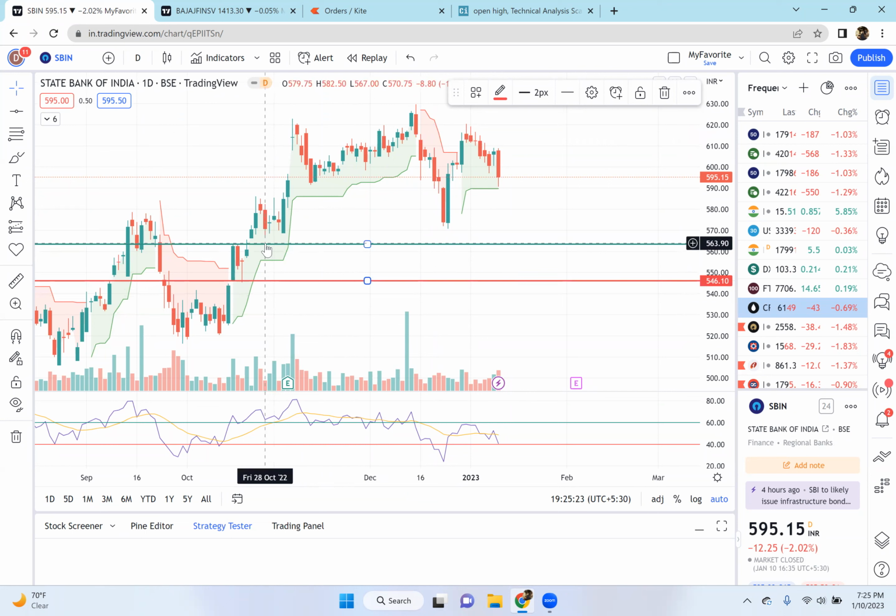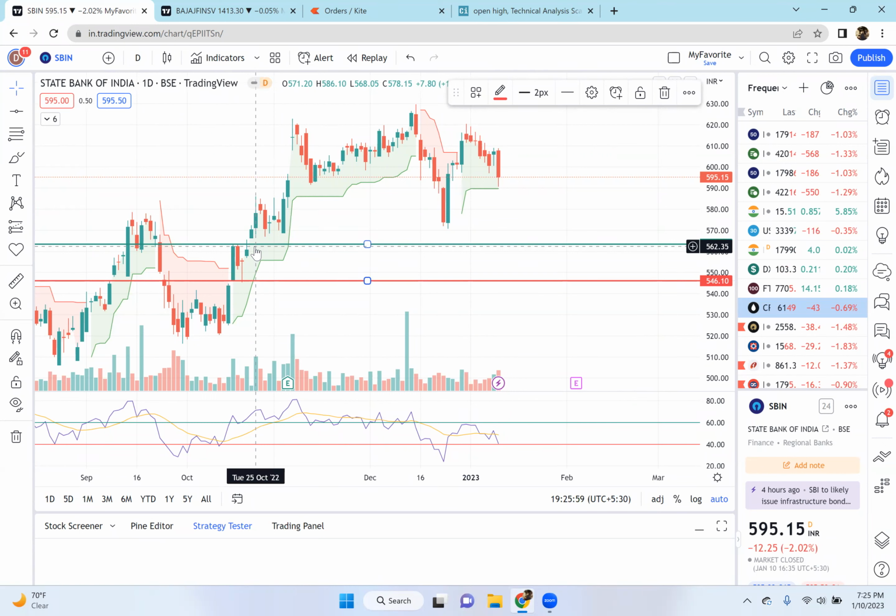Now let's compute how much the stop loss is in terms of points. If you look at the entry here, 571.2 minus 546.1 is roughly 25 rupees, and you can calculate the exact figure. We will go with a minimum 1:1 risk reward, which means if my stop loss is 25, I will target 25 rupees, but most likely I can get even 50 rupees.